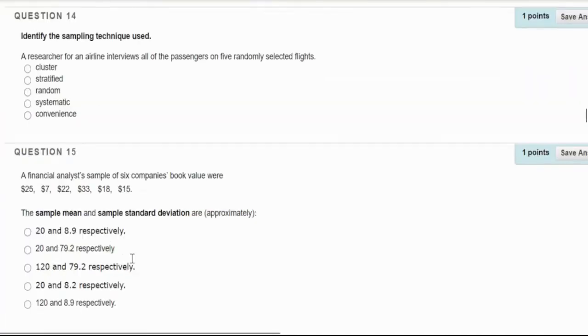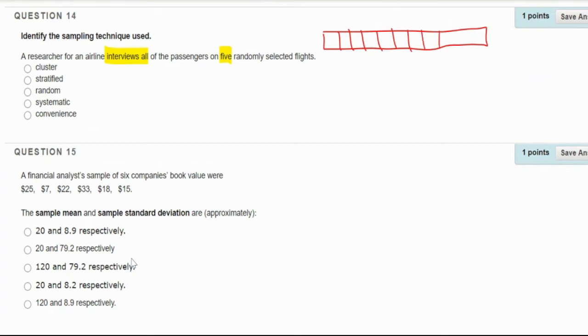Excellent. Now next, it says that a researcher for an airline interviews all of the passengers on 5 randomly selected flights. So this is what they're doing. There were so many flights, and then we randomly selected 5.